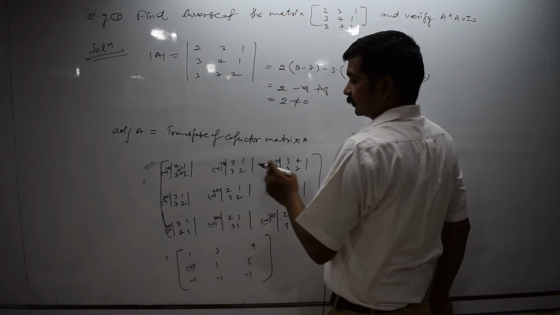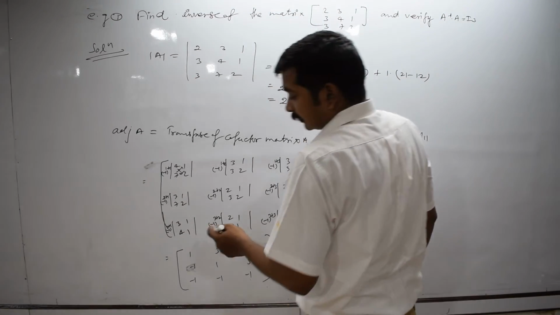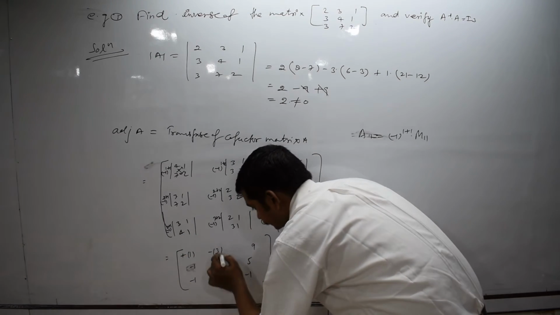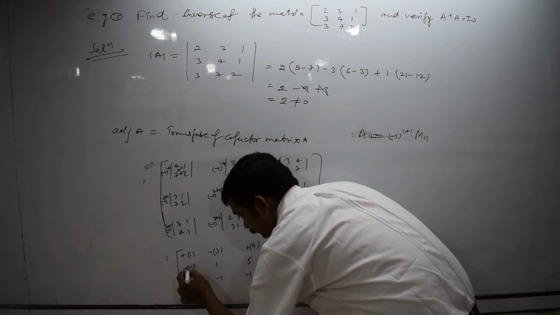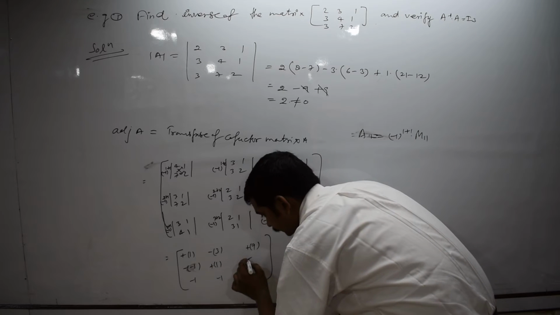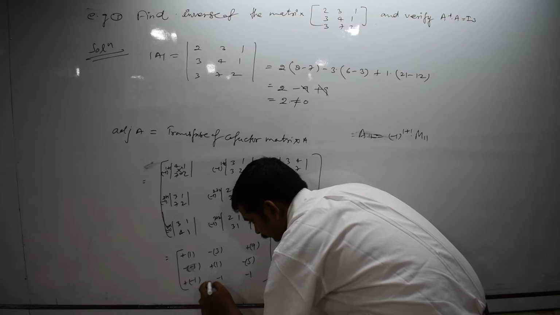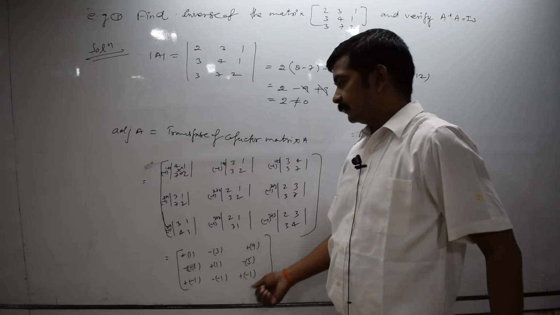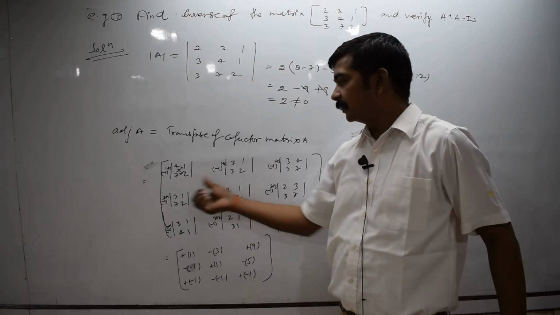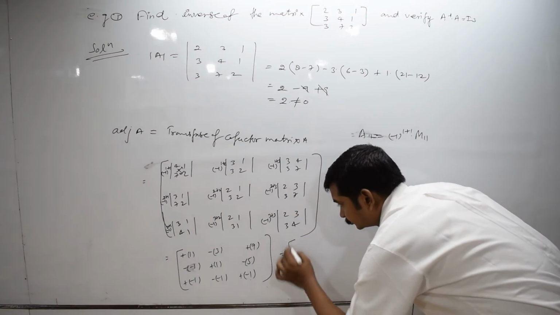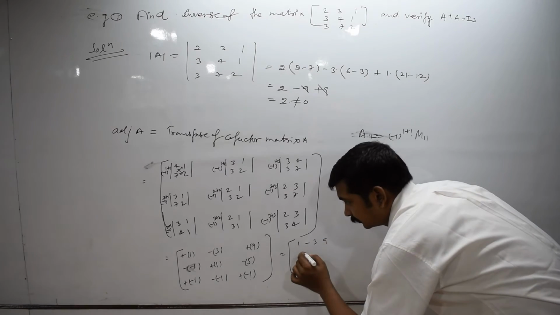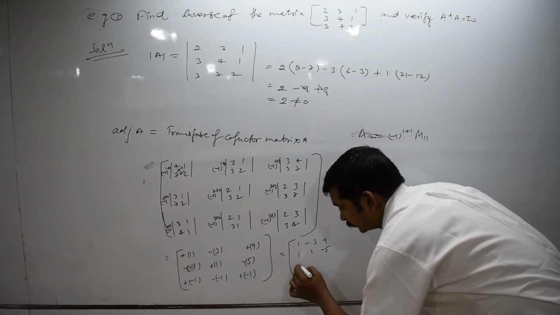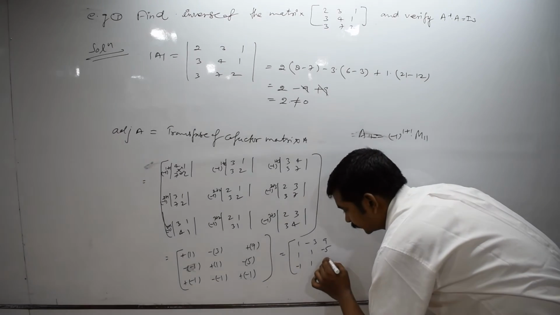Now, after solving these powers of minus 1, the signs will alternate: plus, minus, plus, minus, plus, minus, plus, minus, and this is also plus. We use alternate signs in 3 cross 3 matrices. So, this will be 1, minus 3, 9, 1, 1, minus 5, minus 1, 1 and minus 1.